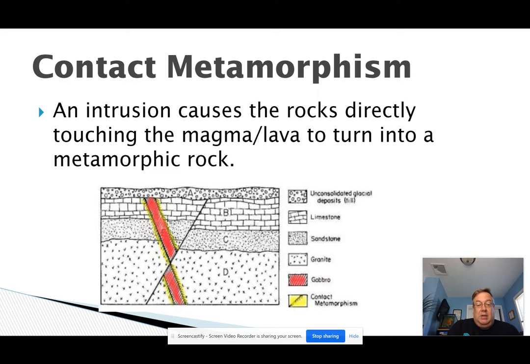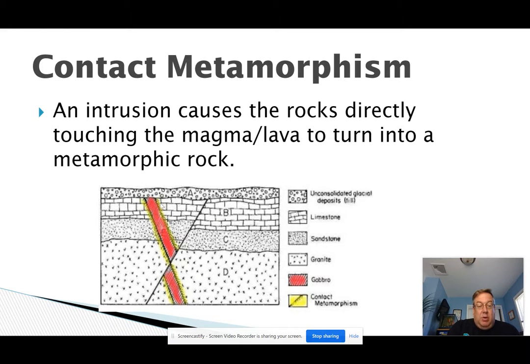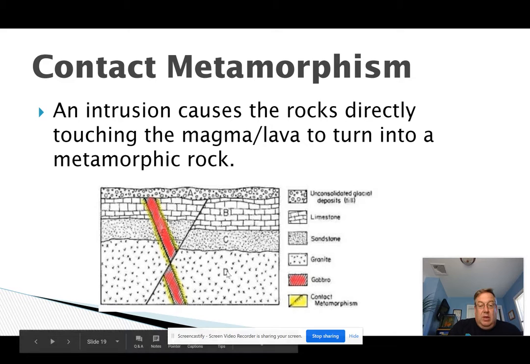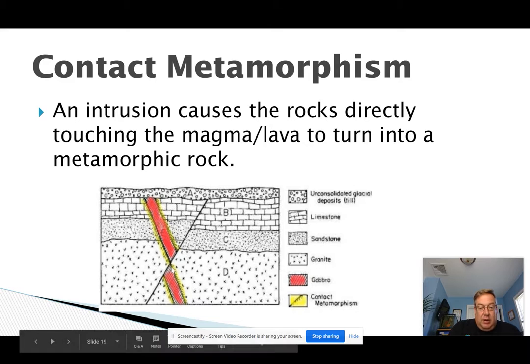Now, as we're looking at this picture, a couple of things would come to mind that I want to point out. You'll see an intrusion, and you'll always see the lines indicating contact metamorphism. So it always has to be younger than the layer it's in. So if I was looking at rock layers D, C, B, A, intrusion E, and we have this fault line that's not labeled, but a fault.